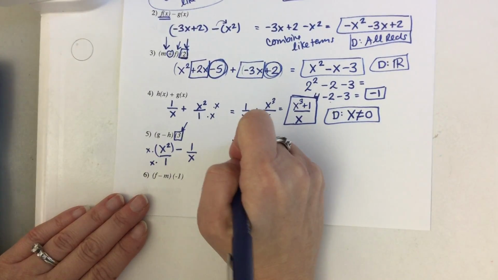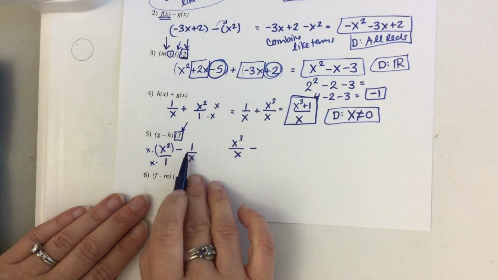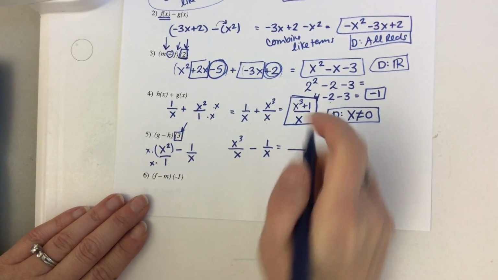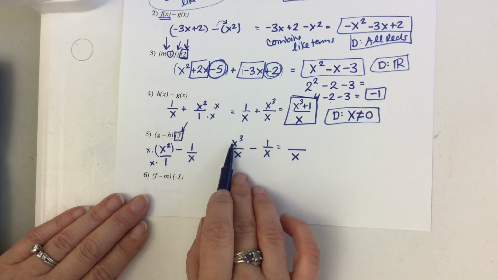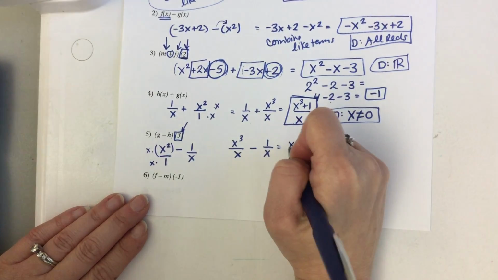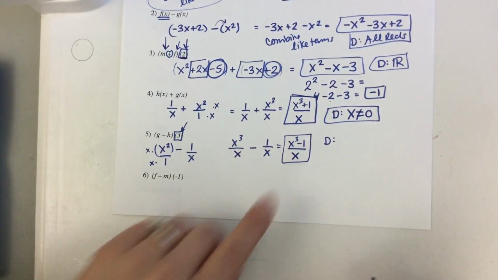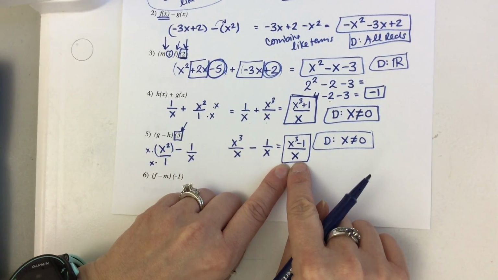X times x squared is x cubed. X times 1 is x, minus 1 over x. So I carry the common denominator over. I cannot combine these because these are variables and this is a number. So this is x cubed minus 1. My domain, x can never equal a 0 because you cannot divide by 0.